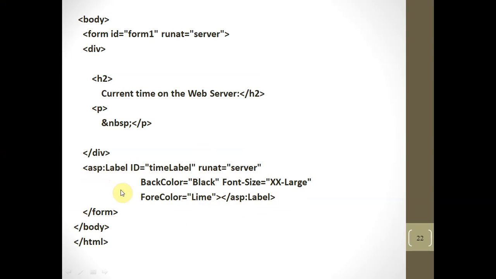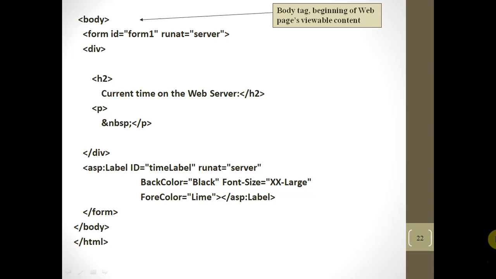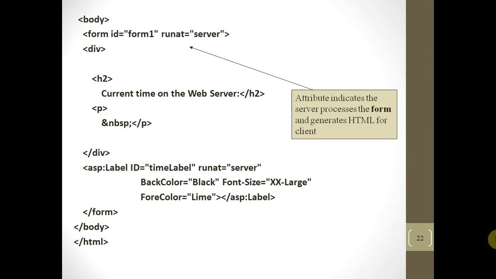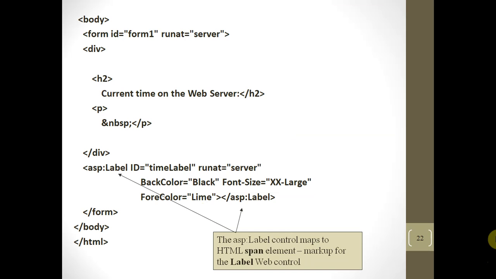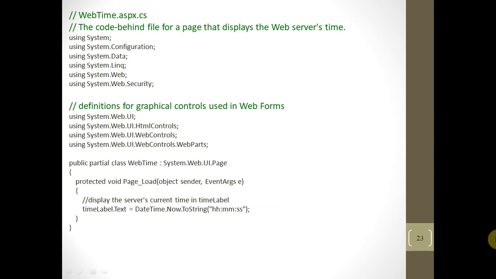So we have mentioned this in the ASP file, and the time will be retrieved through the CS file. Now we have to create a CS file through which we will access this time. So this is body, and this attribute indicates the server processes the form and generates the HTML form for the client, and this is label start and label close.